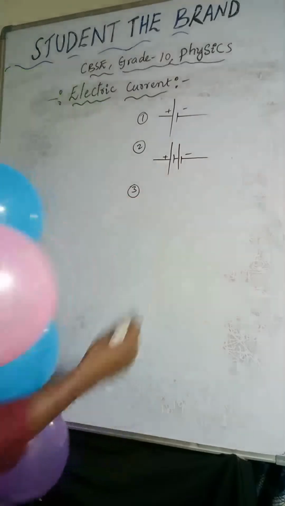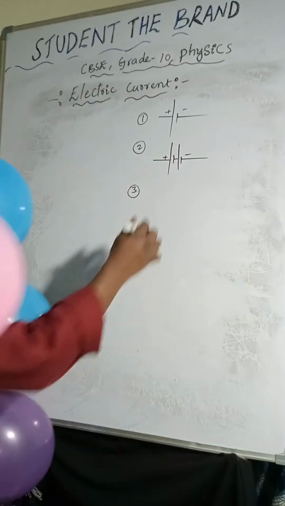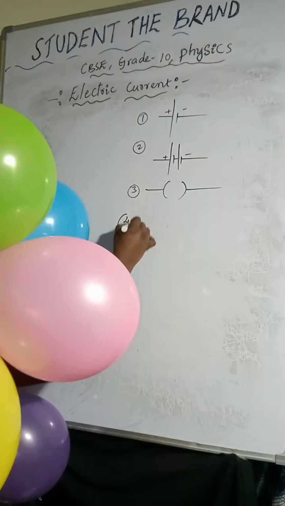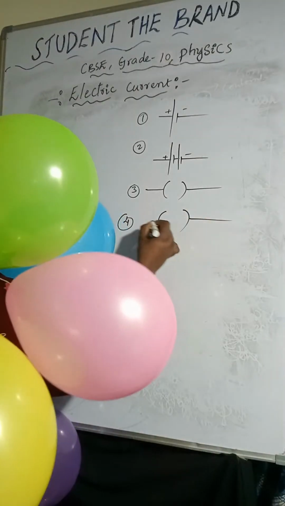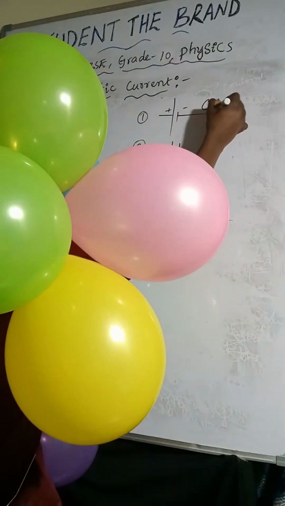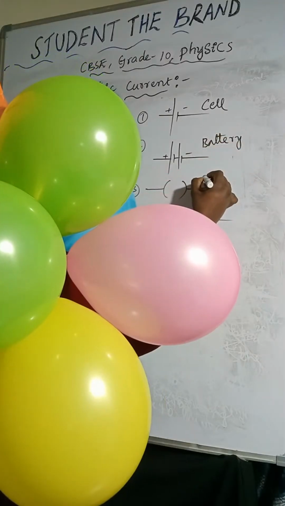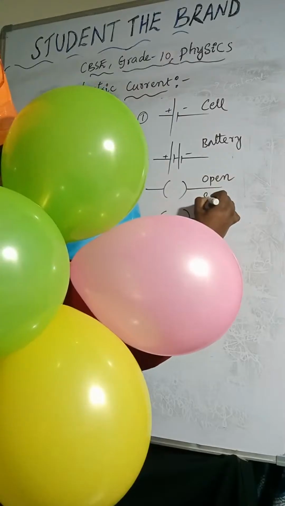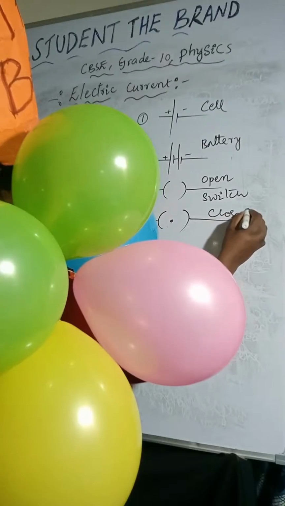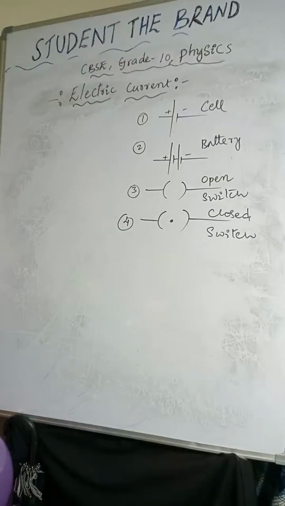The third one is switch: this is the open switch, and the fourth one is the closed switch. So cell, battery, open switch and closed switch.